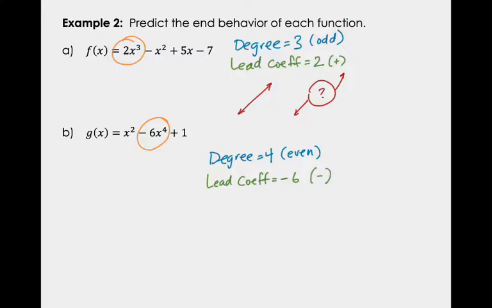So this function is going to behave like an even degreed function, like a quadratic. An x squared is an even degreed polynomial. And when an even degreed polynomial has a negative coefficient, it's going to behave like -x squared, where it points down. Again, this graph is not going to look like a parabola, but it is going to start low, wiggle around somewhat in the middle, and then end low.